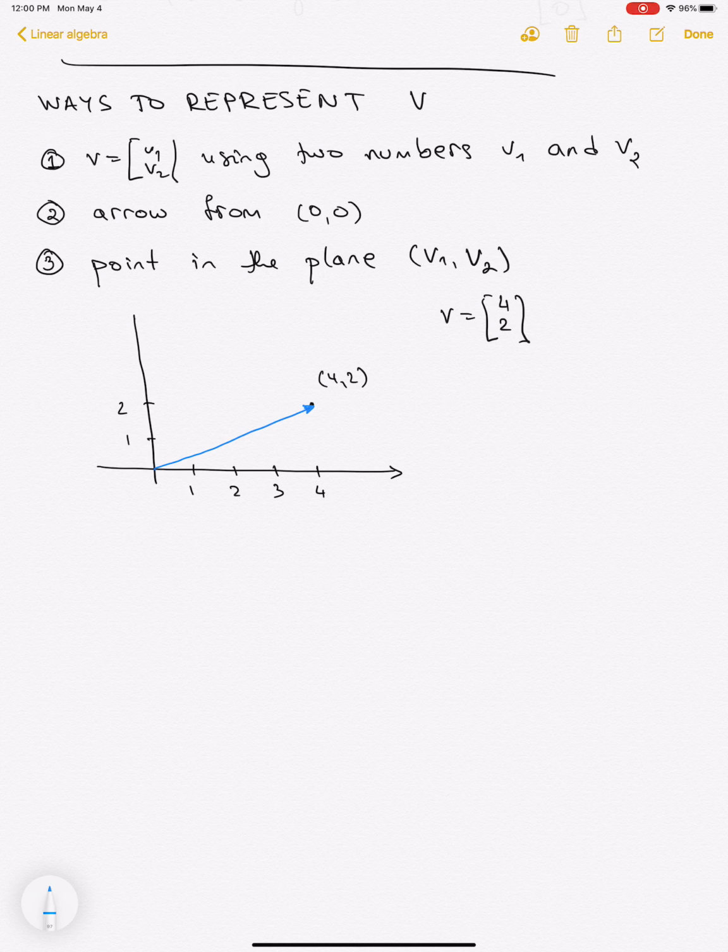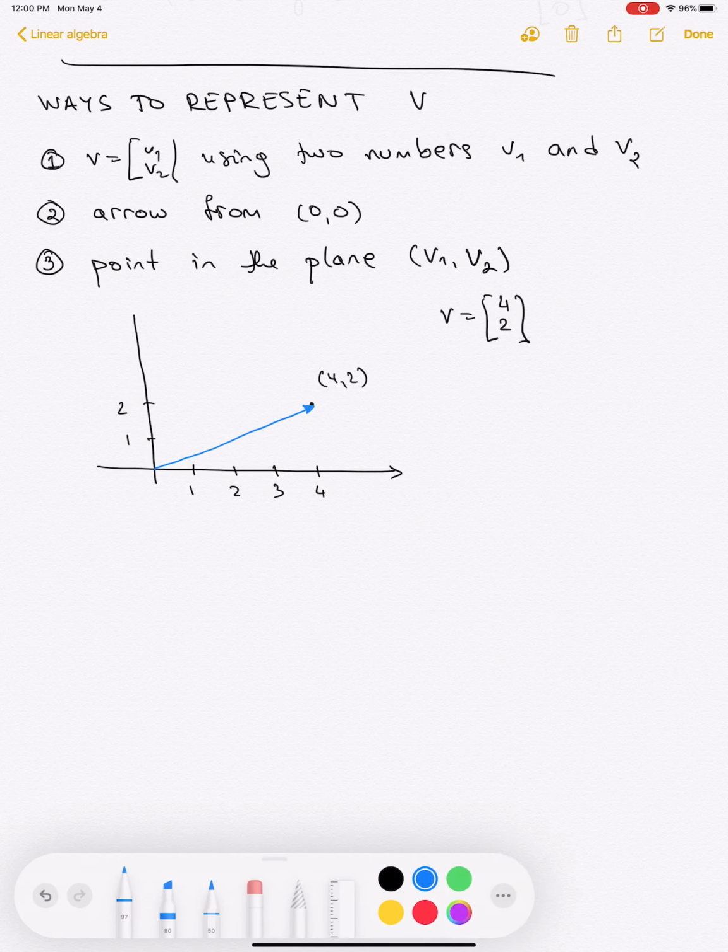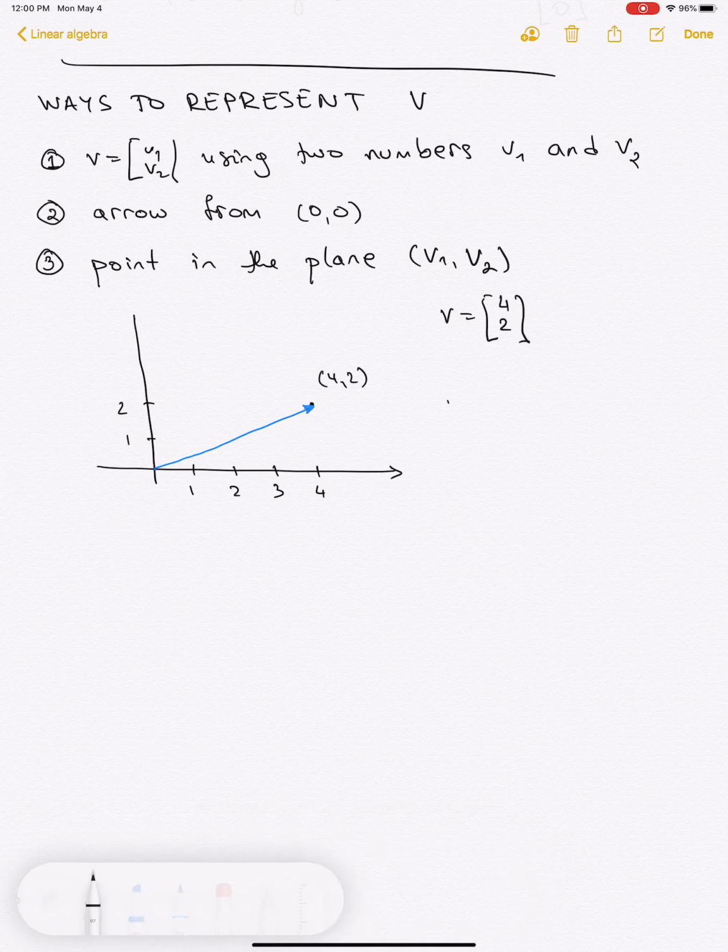Now, what if we want to add two vectors? Let's say we take the vector w to be -1, 2, for example. Let's represent -1, 2 as well. So I would need here -1 and 2. So the second point would be right here.